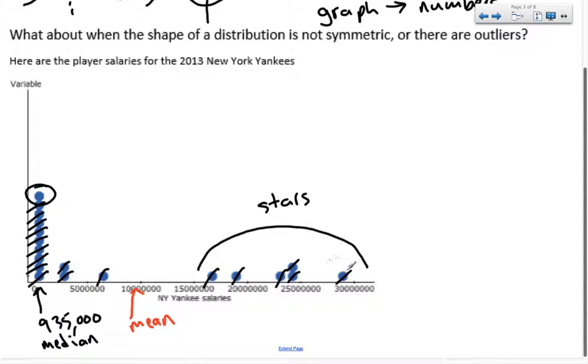If you notice, these would probably be considered your outliers. Definitely this, but here's your cluster of outliers here. They're clearly separated from the majority of the players or the majority of the team. And whenever you have outliers, the mean is always going to be pulled closer to that.